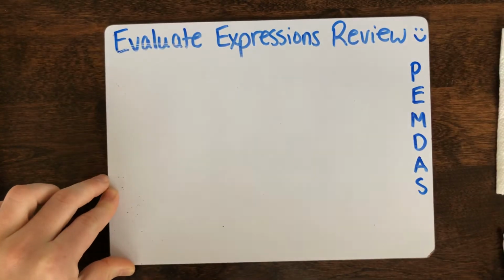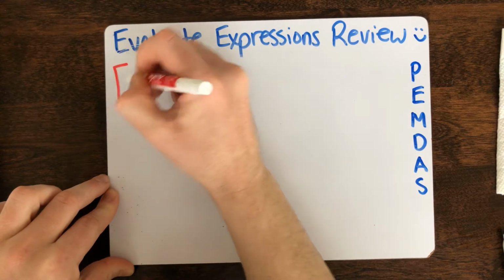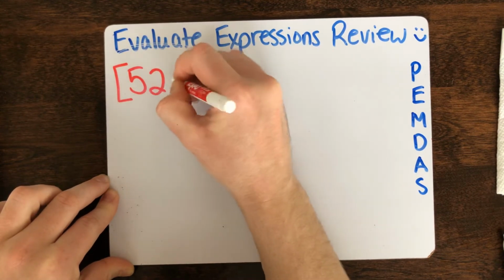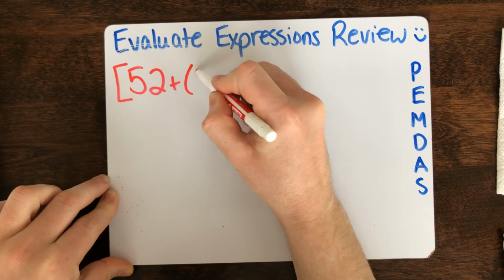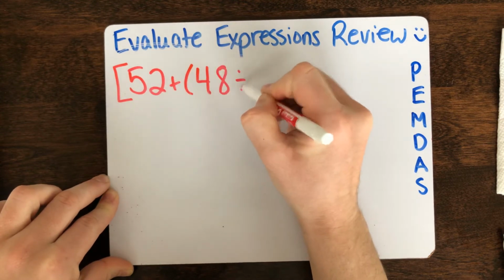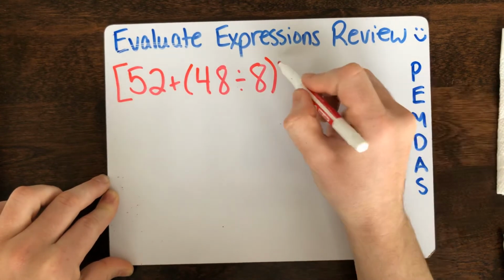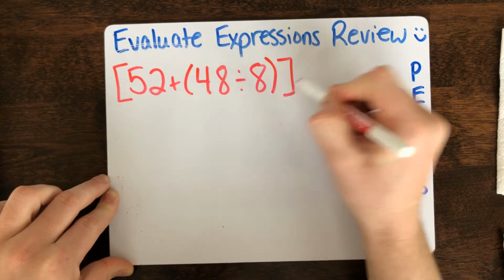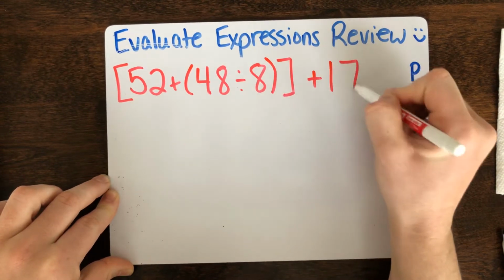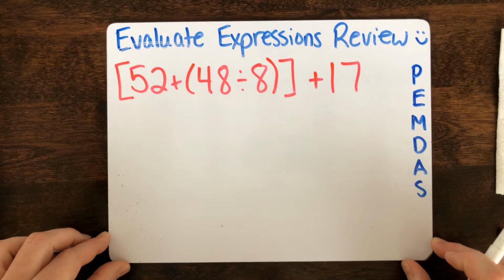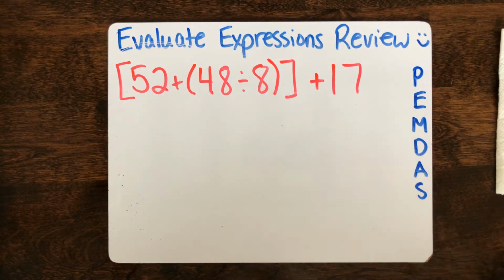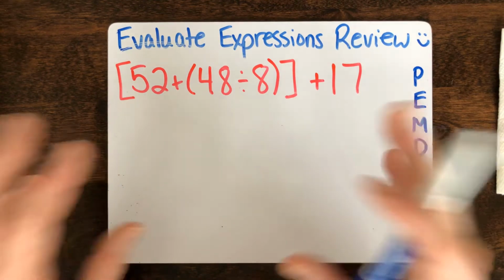We have a bracket, then 52 plus parentheses 48 divided by 8, parentheses, bracket, plus 17. I see again brackets and parentheses.